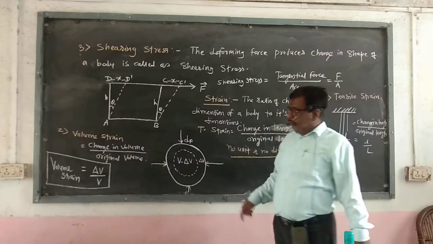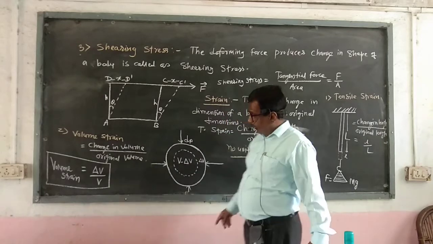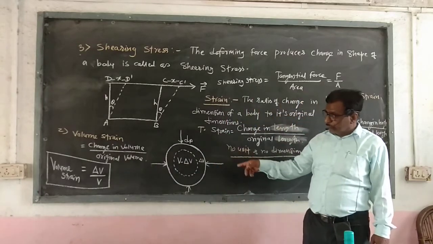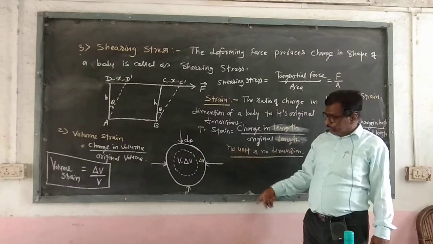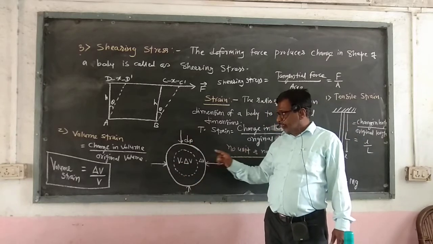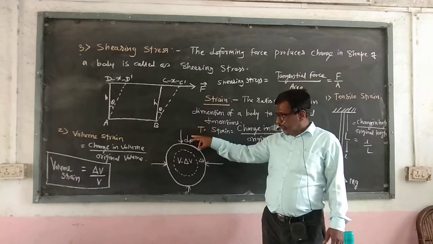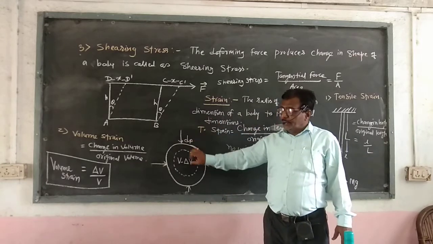The next type is called volume strain. In volume strain, again the same figure we have drawn for volume stress. Here is a balloon having volume V. When we apply pressure dP on it, there is a decrease in volume.